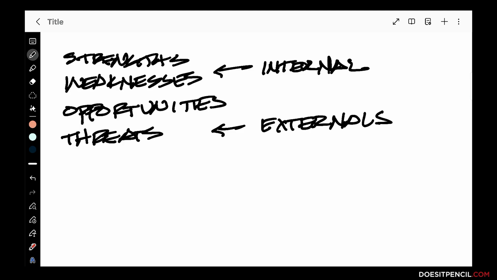The thing about internals is that these are things that you can control, and externals are things that you can't control. So really the fulcrum and the domain of SWOT analysis is this control thing.